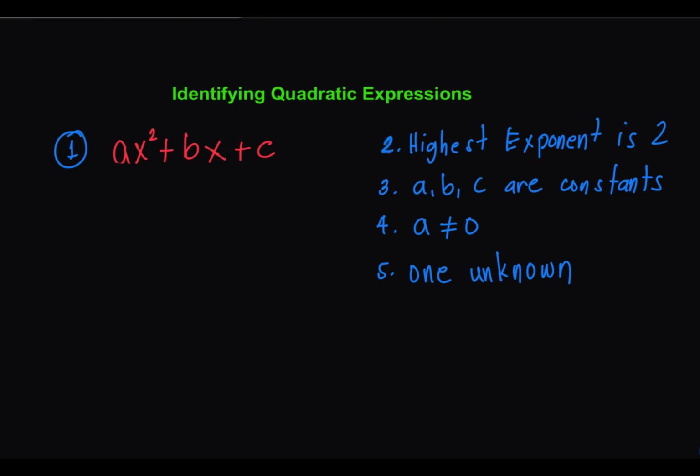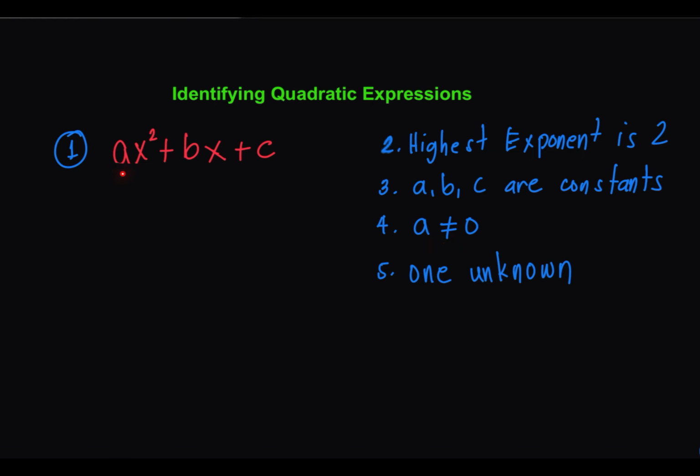Okay? Next, number 3, a, b, and c are constants. So, ito daw yung a, b, and c are constants.